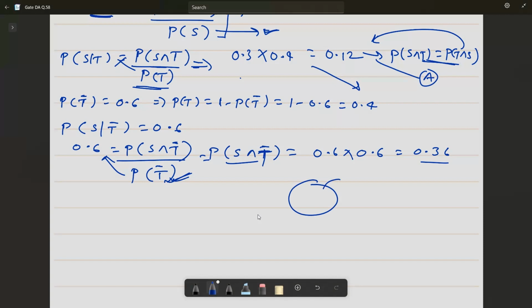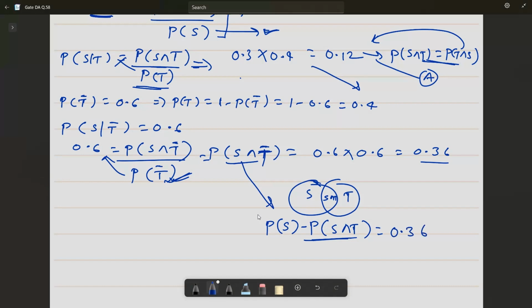This is S, this is T, and this is S intersection T. We need to find probability of S where T is not included. So this equation is equal to 0.36.